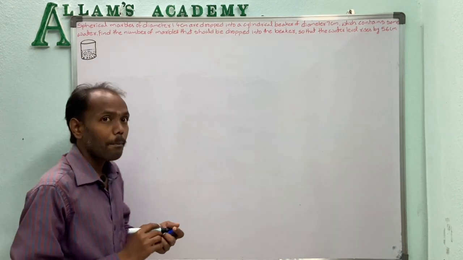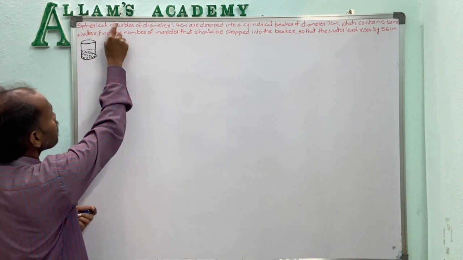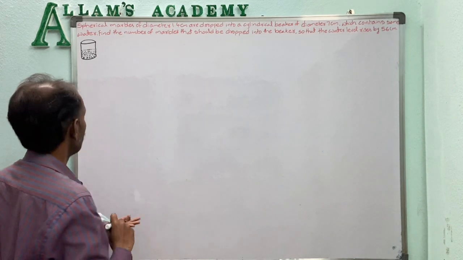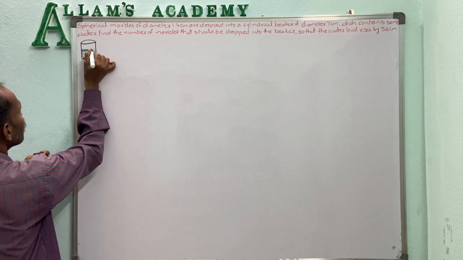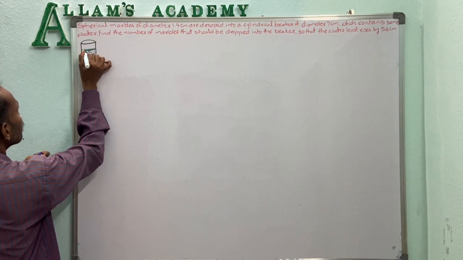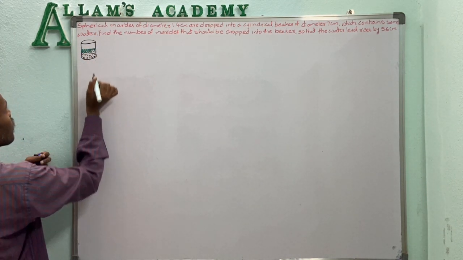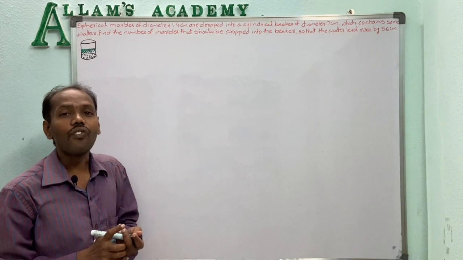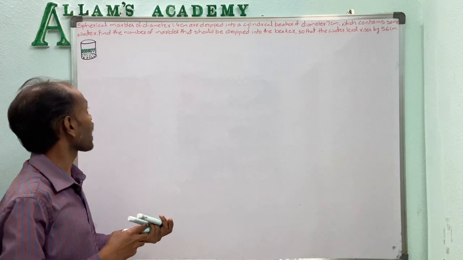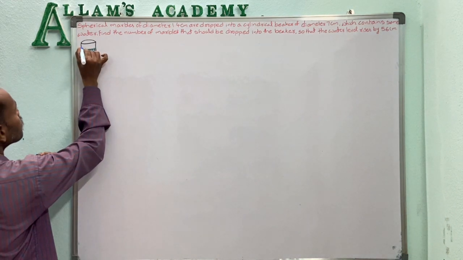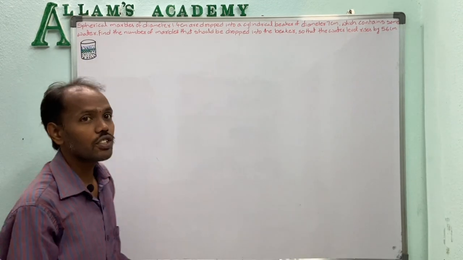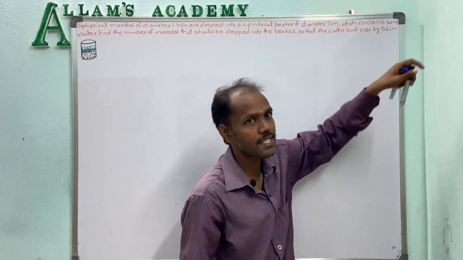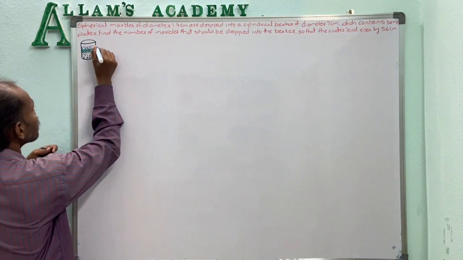Now by dropping some spherical marbles, the water level is raised. So the raised water level is 5.6 centimeters, given.